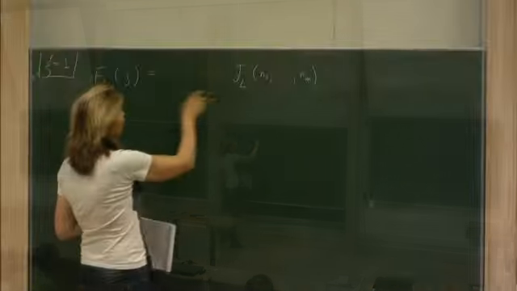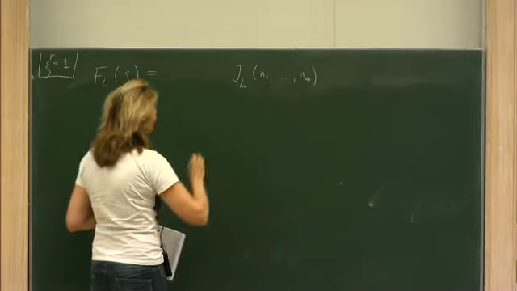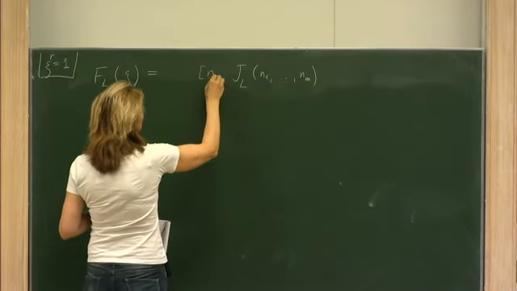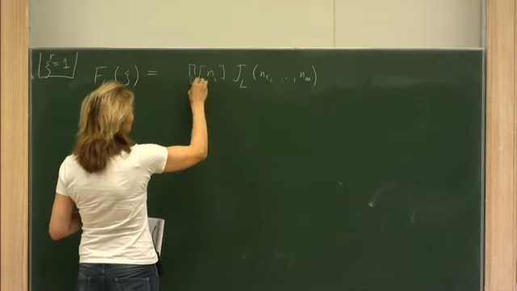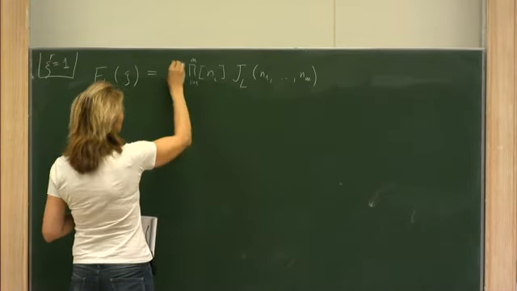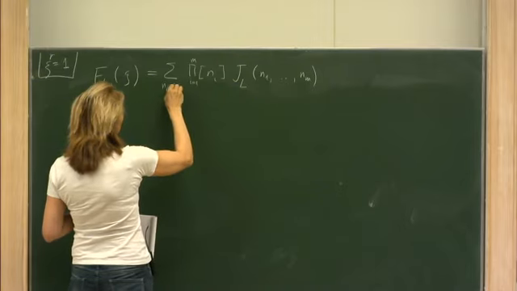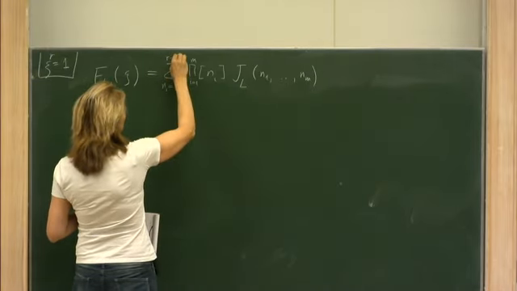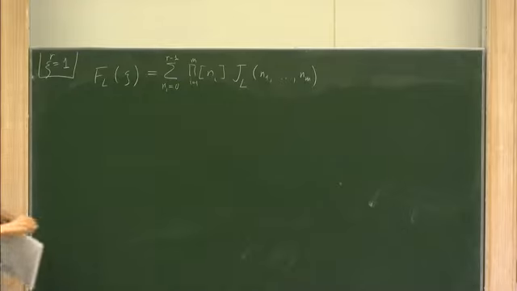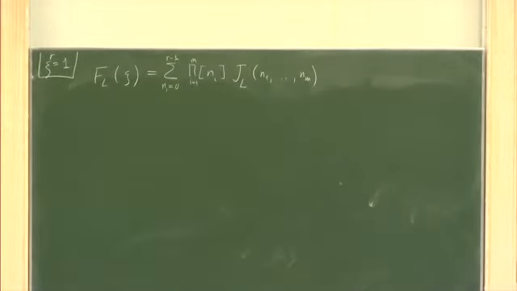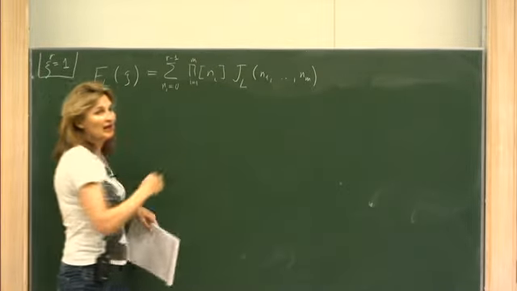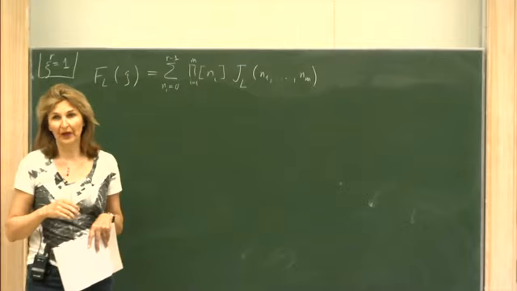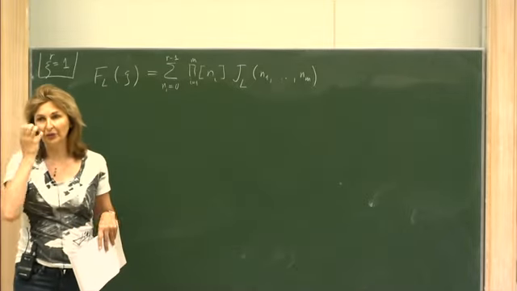I have a link L with m components. I take the product of the quantum numbers of the n_i, for i from 1 to m, and then I sum n_i from 0 until r minus 1, where r is my root of unity. This is an expression which is invariant under the so-called Kirby 2 move. I'll come a bit later to what a Kirby 2 move is.